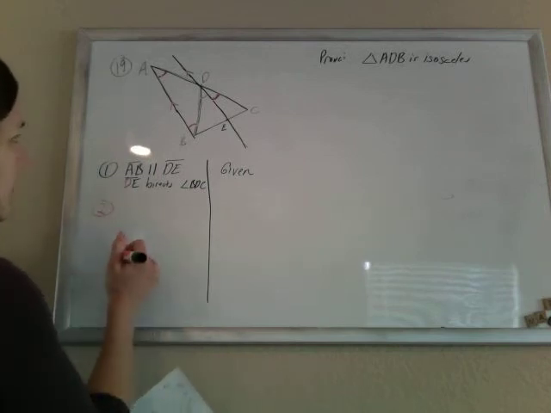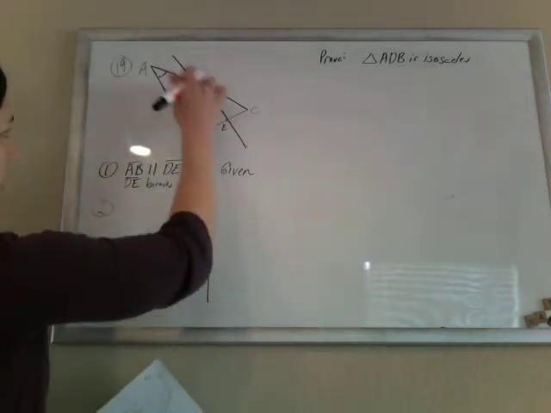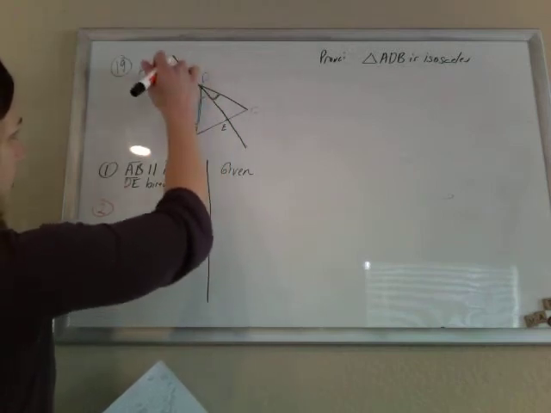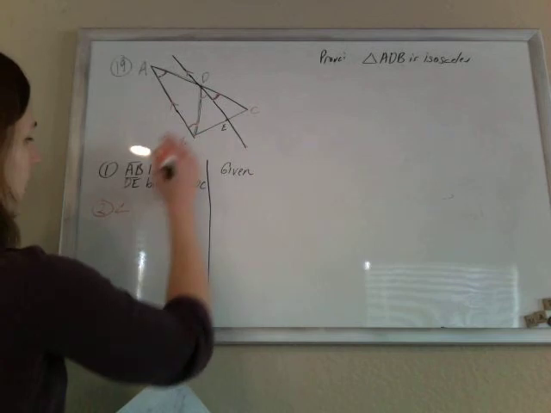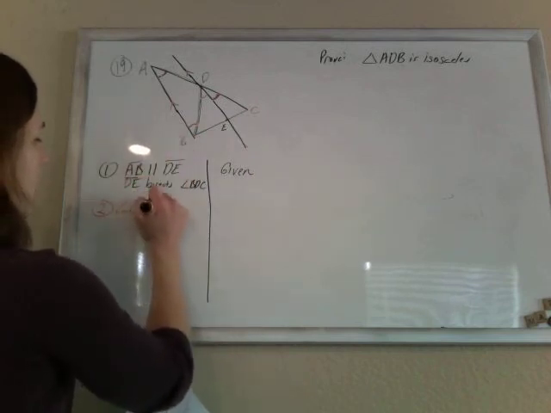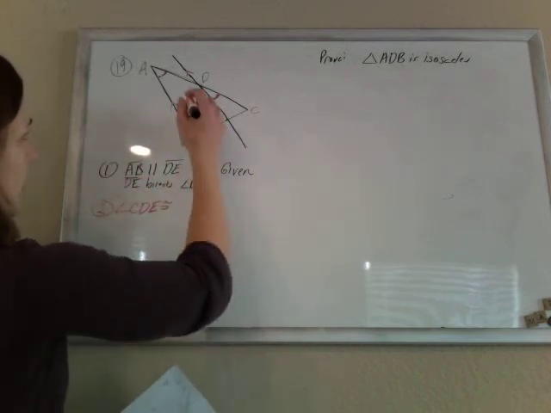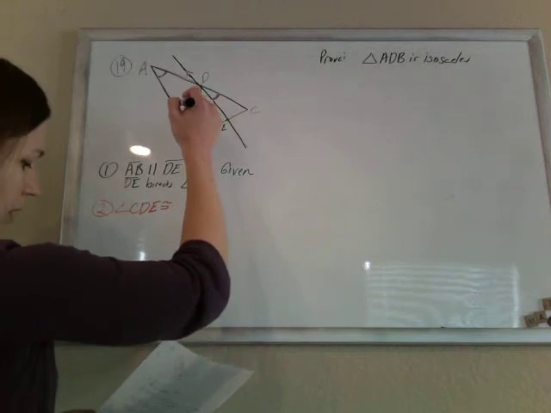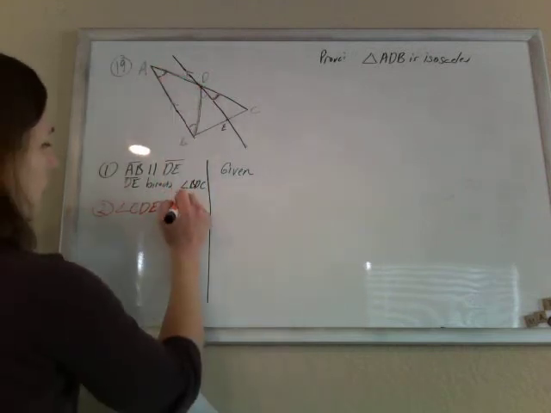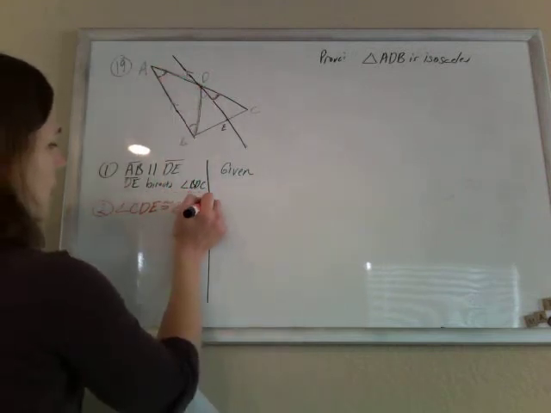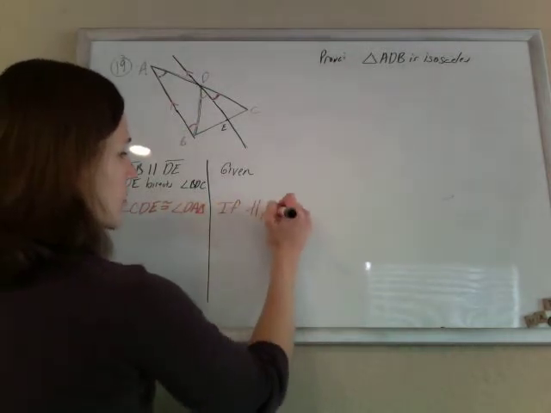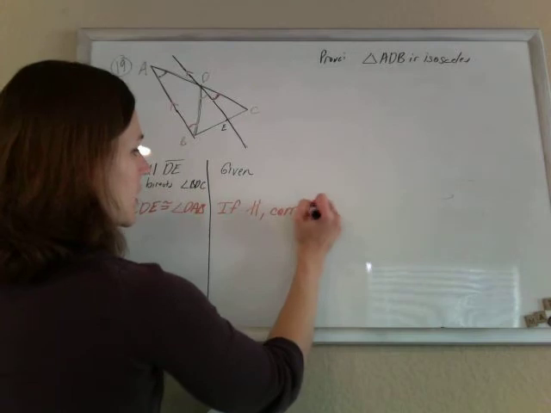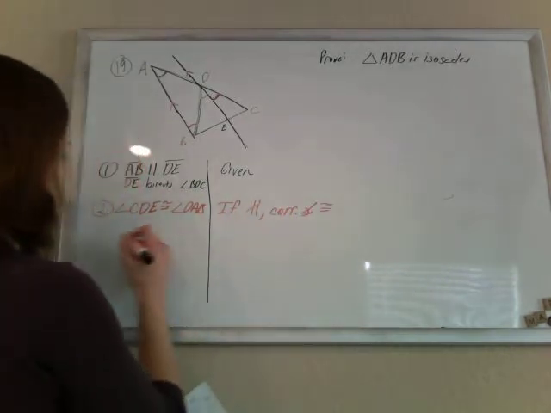So for our second step, I'm going to say these two guys are congruent. So that's angle CDE is congruent to angle, what do I call it here, DAB. And that's because if parallel lines are cut by a transversal, corresponding angles are congruent.